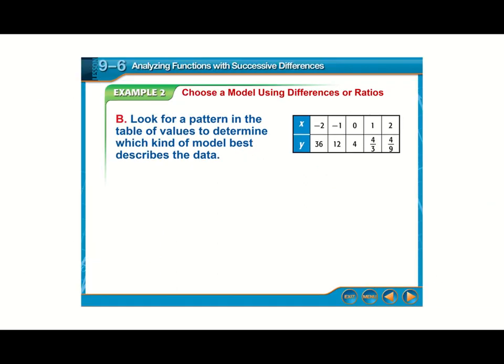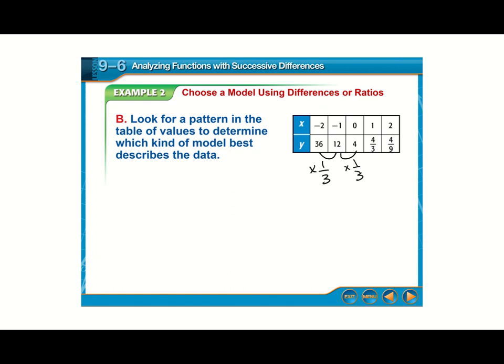Okay, we're going to look at this one. So look at your x values. They're all consistent. What are you doing to get from 36 to 12 and from 12 to 4? You would say you're dividing by 3, but in exponential, you're multiplying by a number. So instead of dividing by 3, you're really multiplying by 1/3. From 12 to 4, you're multiplying by 1/3. And so on.